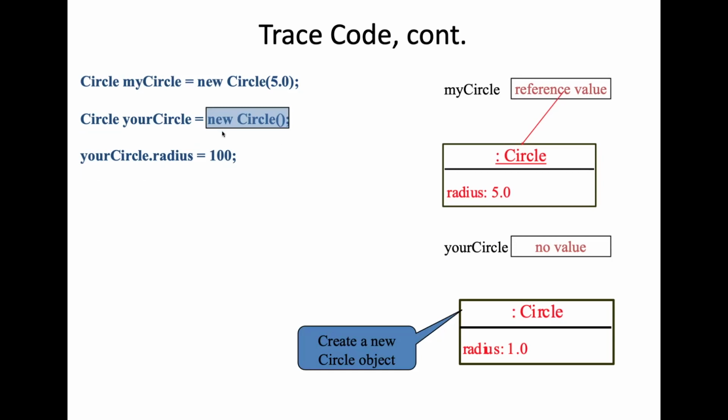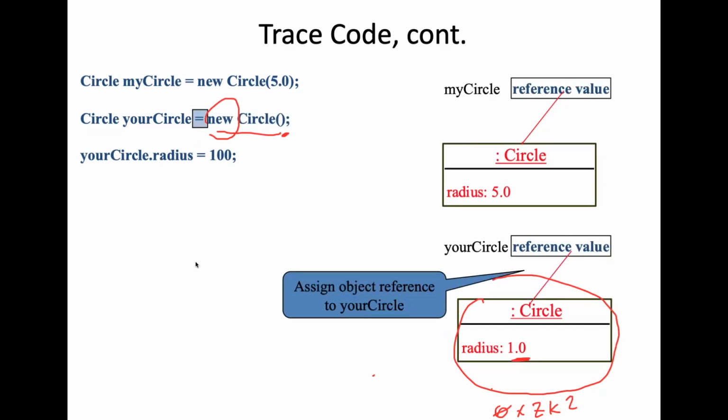We dynamically allocate a new Circle instance here with a radius of 1.0 by default, since there is none. Don't worry about the class template, how it was defined. Just note that this new operator returns the memory address of this, let's say 0x2.